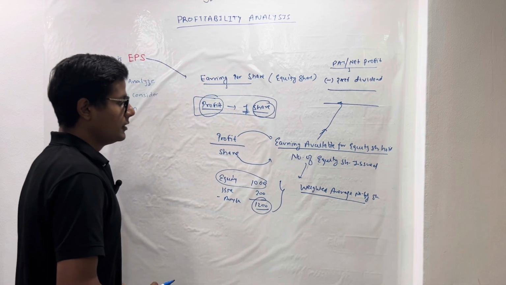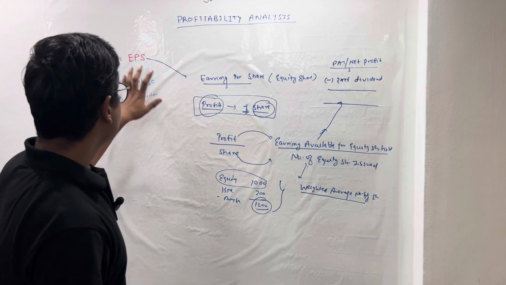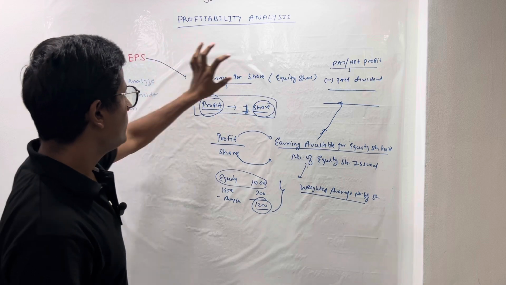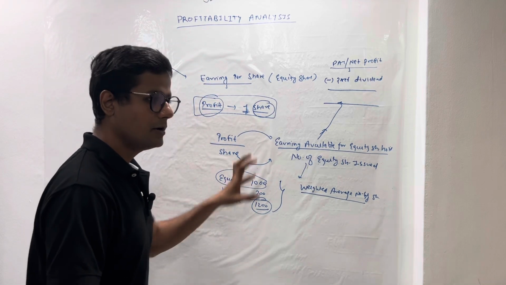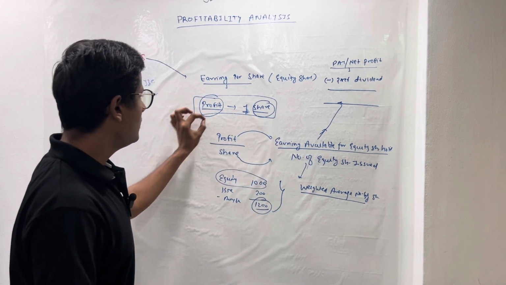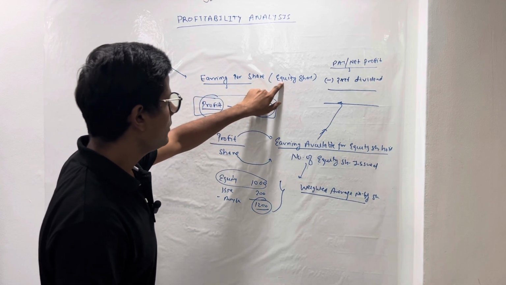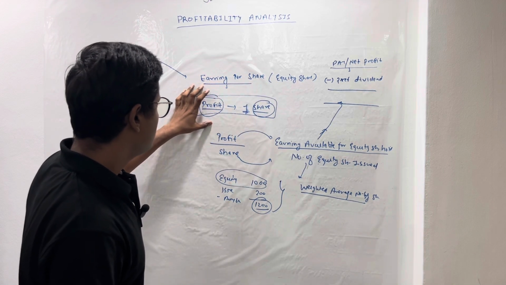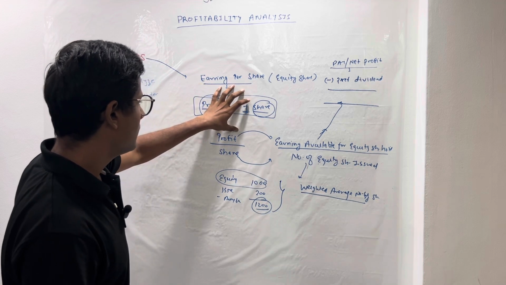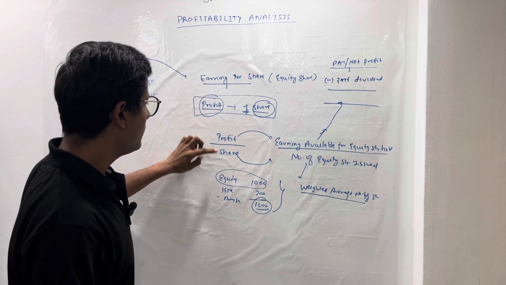If I just summarize quickly, EPS means earning per share. It means how much profit the company is earning on one share. When we are talking about share, we are talking about equity share. So the simple formula is profit divided by share.